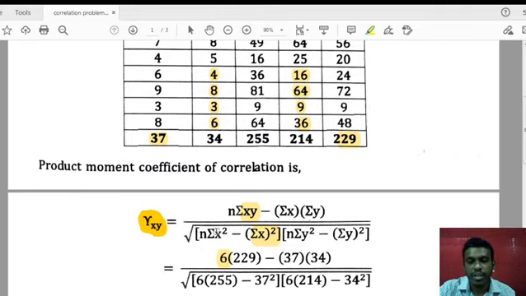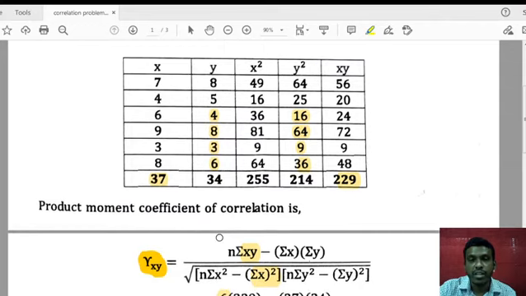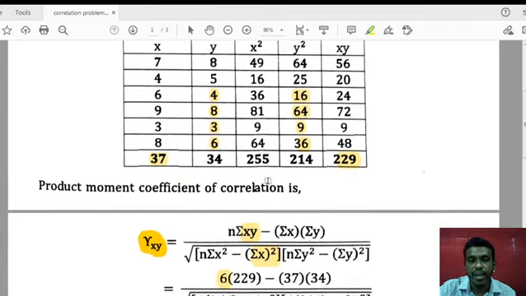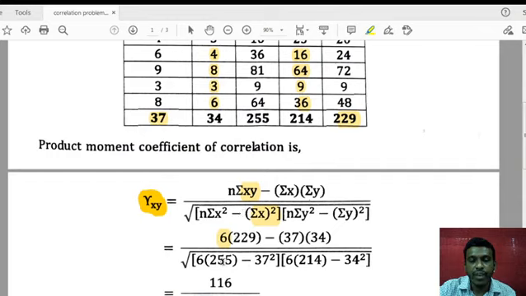Remember there is a difference between summation x square, the sum of all x square values, and the square of summation x. Where are the x square values? Here. The total of all x square values is 255, so we write 255 here.